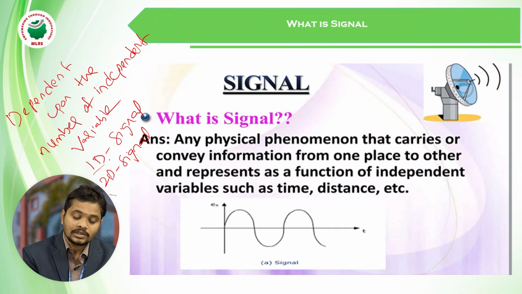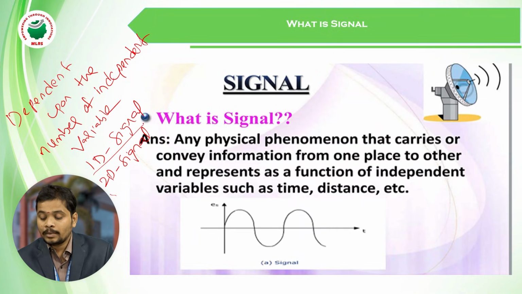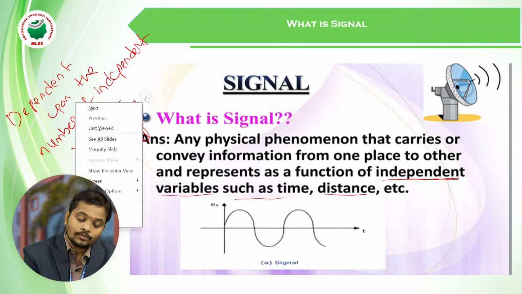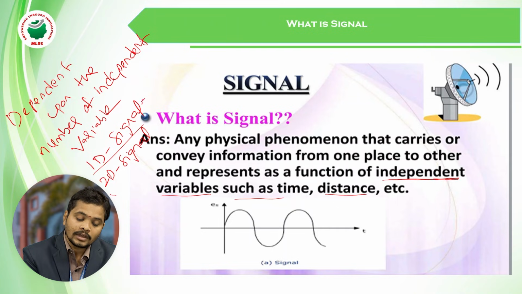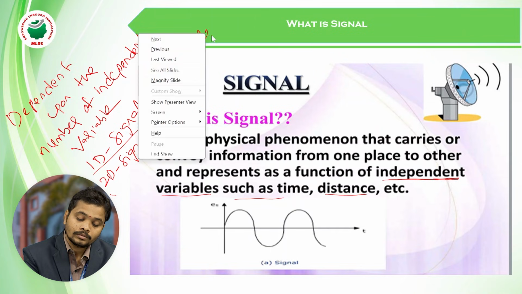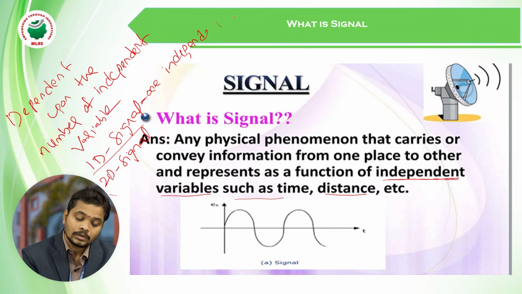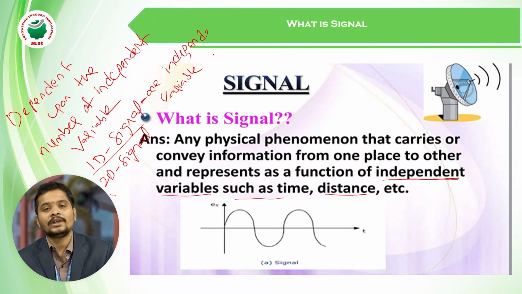Here a 1D signal represents one independent variable. The independent variables are such as time and distance, etc. If there is only one independent variable, then it is said to be a one-dimensional signal.